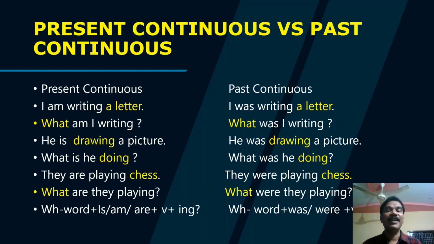I am writing a letter. See, I am became am I. That's all. Am I. What am I writing? In questions we don't use the targeted answer. So half of the question is the answer, half of the answer is the question.